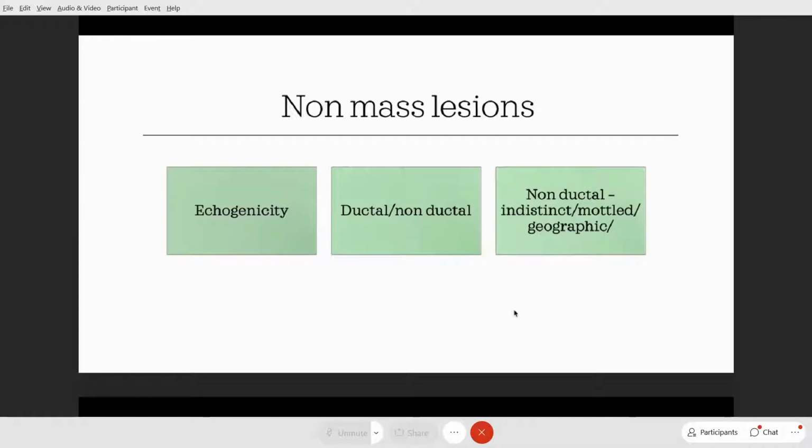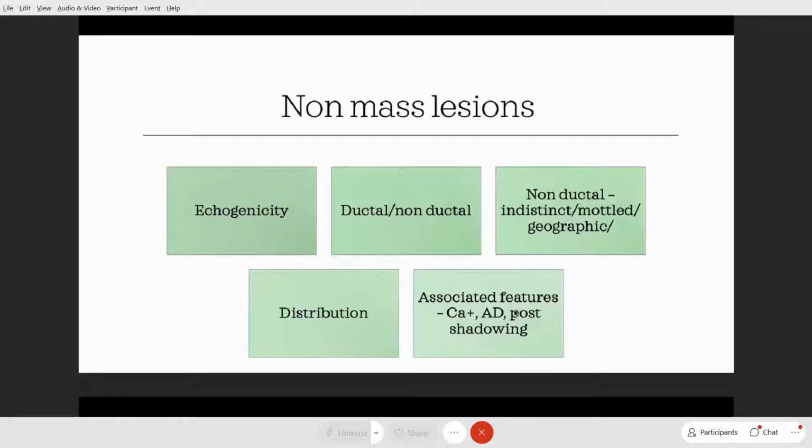And whenever you see a non-ductal abnormality, classify them as either indistinct or mottled or geographic, and note how they are distributed, very similar to the way we describe non-mass enhancement on MR. And whenever you see a non-mass lesion, also look for associated features like calcifications, posterior shadowing and architectural distortion.